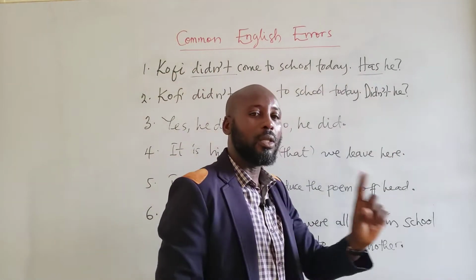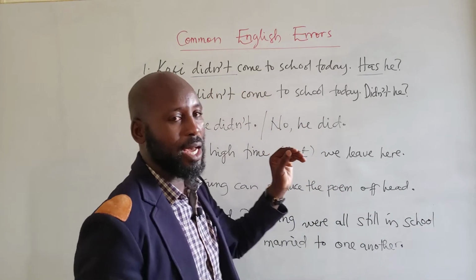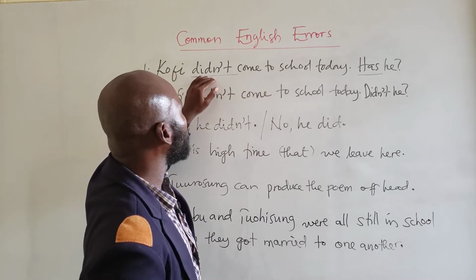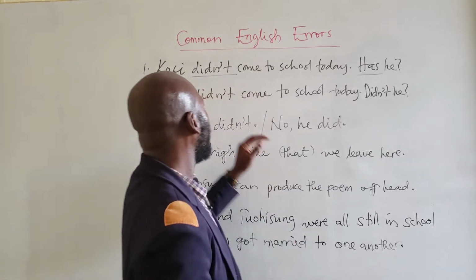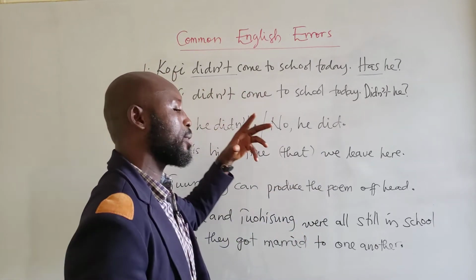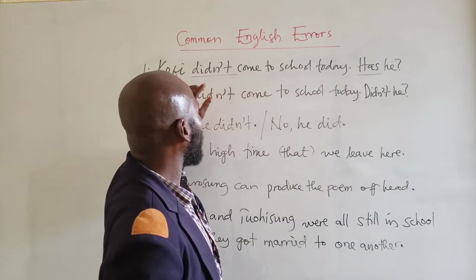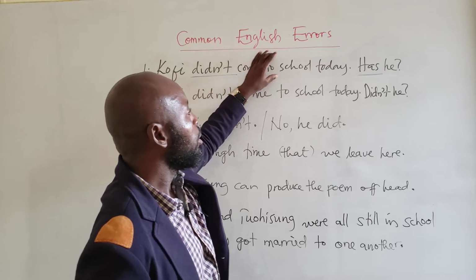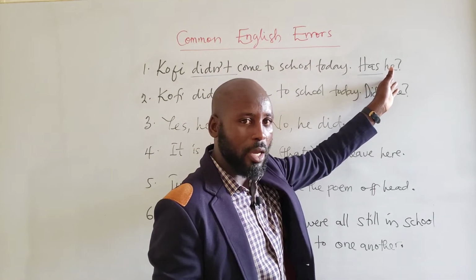Has he? The first principle in question and answer tags says that the verb that you use here must go with the verb that you use here. Under certain circumstances, there are certain verbs that could appear here but may result in a different verb here.